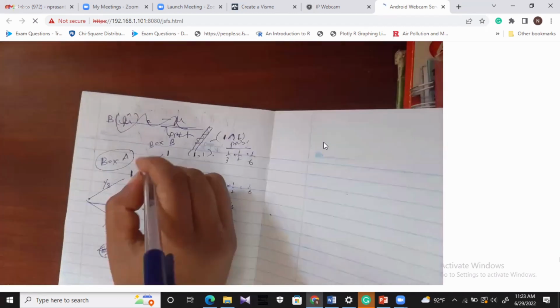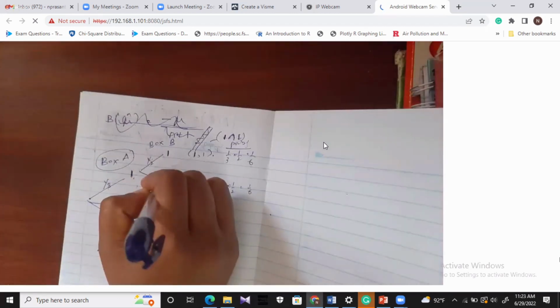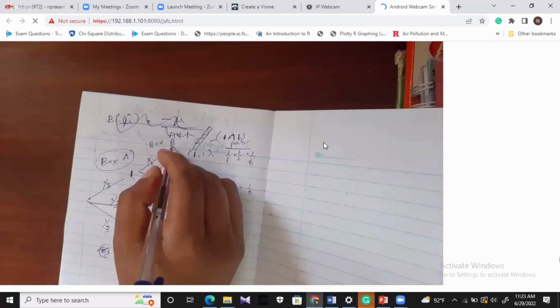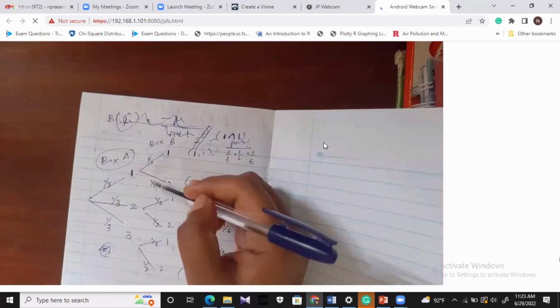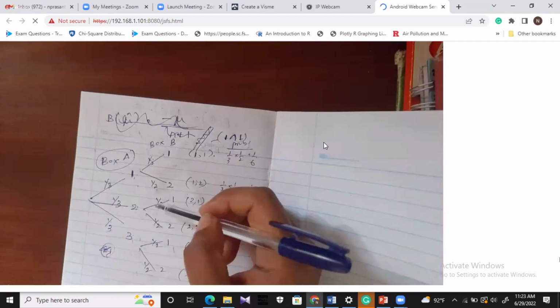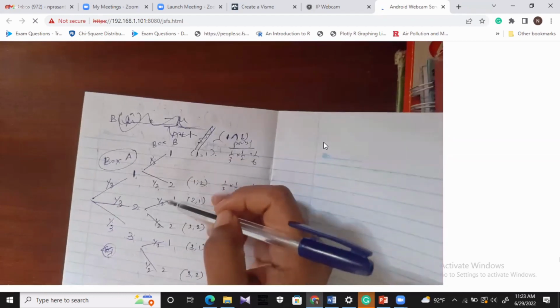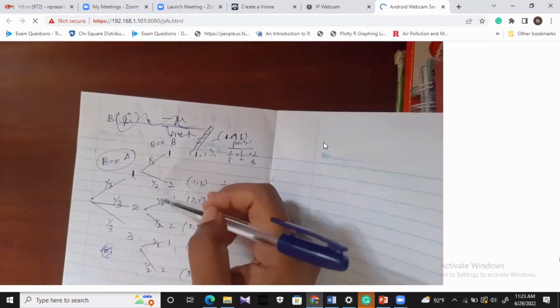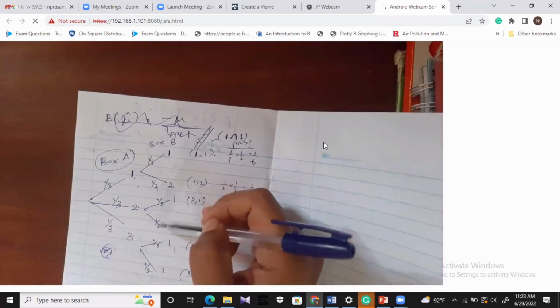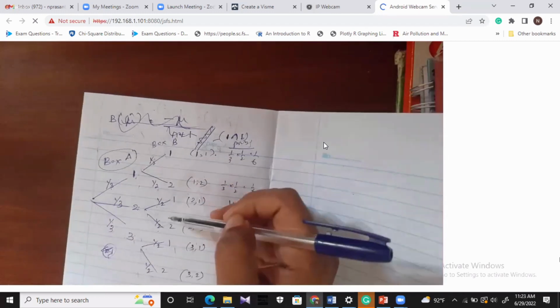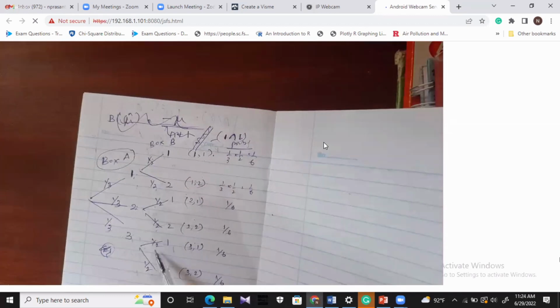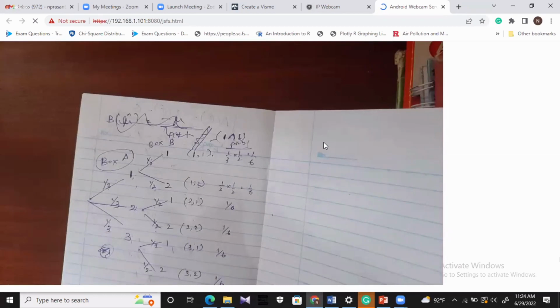So if you add this half and half, that is the outcome of box B. Half and half is going to be 1. If you consider this one also, it gives 1 over 2 plus 1 over 2, 1. Here also, the next event from box B, half plus half is going to be 1.